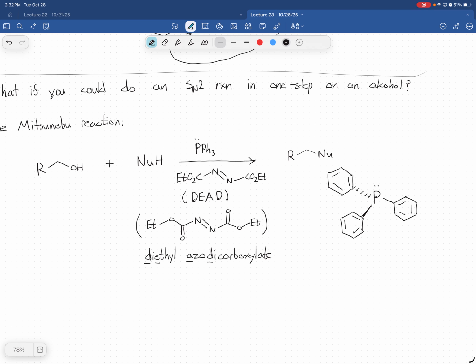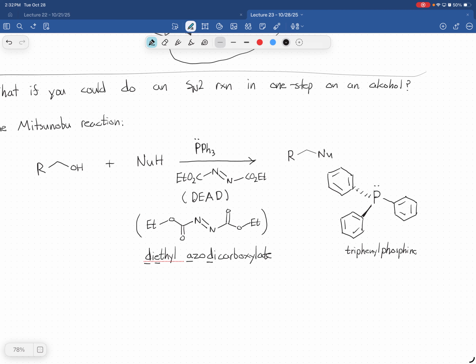That's what it looks like. This is called triphenylphosphine, and this is a useful ligand. I'm not sure if we remember what a ligand is from Gen Chem, but basically these can bind to metal atoms, and they form efficient catalysts in organic reactions.